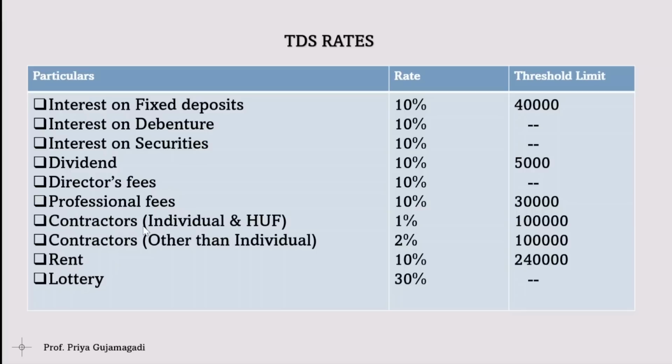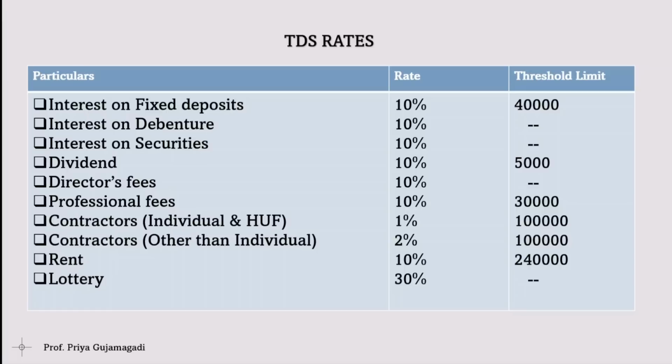Contractors. If the person is a contractor and he is getting income, then 1% and 2% TDS is deductible respectively. It means if the contractor is an individual or HUF, then 1% TDS is deductible. If the contractor is other than an individual, then 2% TDS is deductible. The limit is 1 lakh rupees, but it will usually be paid in different installments.